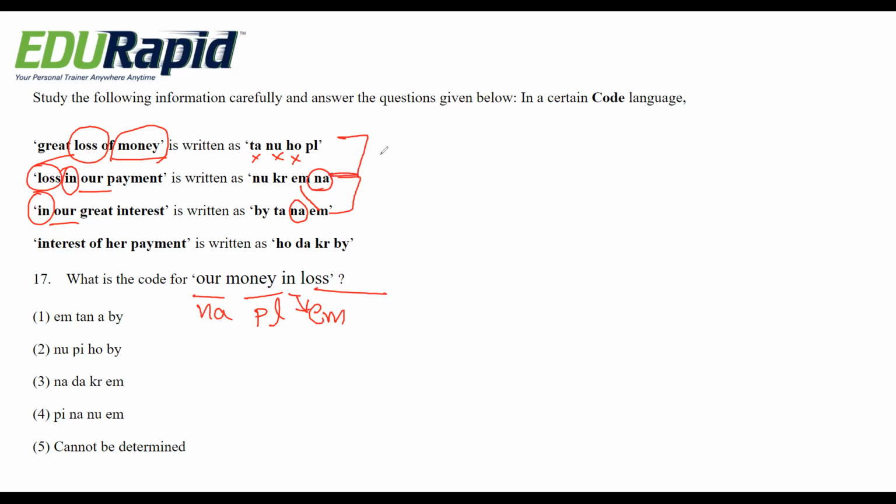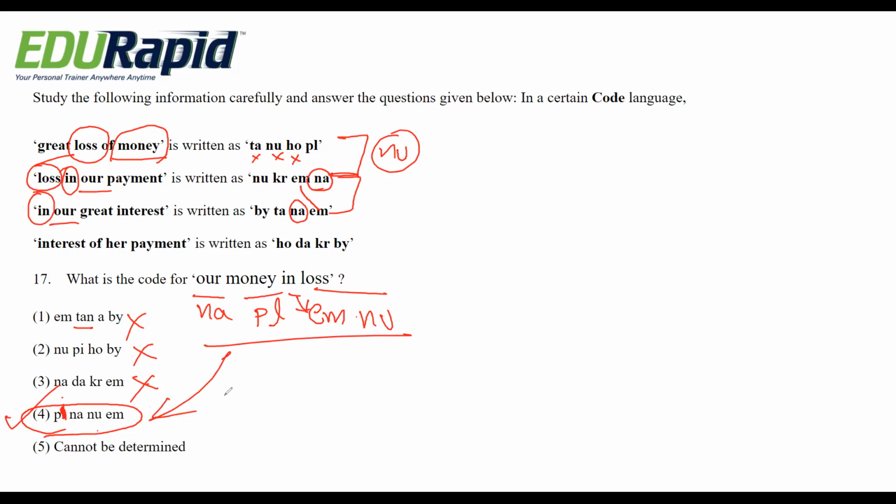TA is not present. NU is present. Common is NU from first and second. So these are the four terms. EM, TA is not present, so this cannot be possible. BY also is not there. NA, DA is not present. So PL, this is not PI, it is PL. PL, NA, NU, EM. Yes, all four terms are present in option 4. So option 4 is the right answer.